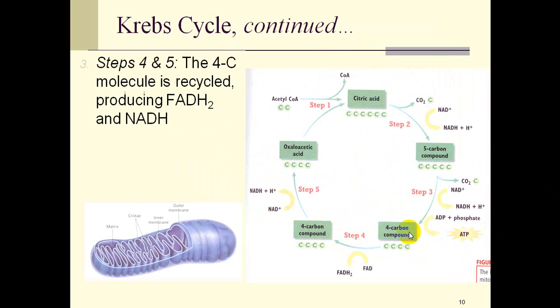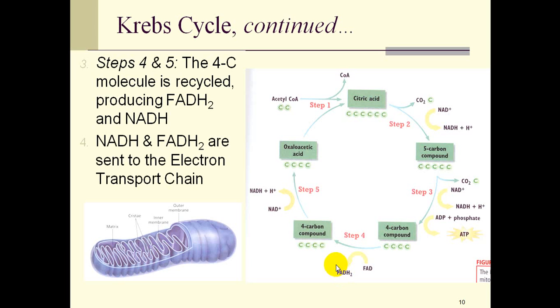This 4-carbon compound that was generated, and you don't need to know those at all, is going to be recycled back to oxaloacetic acid. Because it's a cycle, we need to keep going. But along the way, notice we're producing FADH2 and NADH. So pay attention that we have made 1, 2, 3 NADHs, and 1 FADH2. That's going to be important.